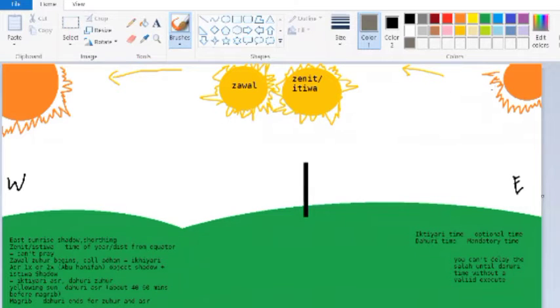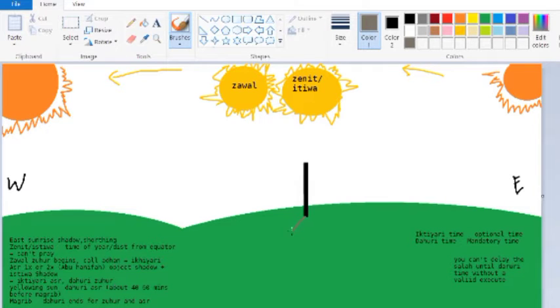When the sun is rising and reaches midday, or we call it the zenith, in Arabic we call it the Istiwa time. And how can we know that it is the Istiwa time? When the sun is at the Istiwa time, as I know, we can measure the shadow.